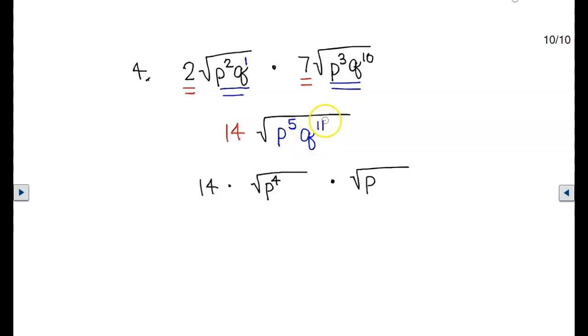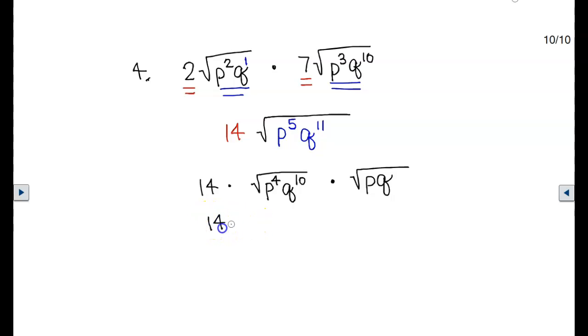When I look at my q, again, I don't see an even exponent. I see an 11. The biggest even exponent I can get from that is 10. So I'll do q to the 10th times q to the 1st for that. All right, so here's how it all breaks down.